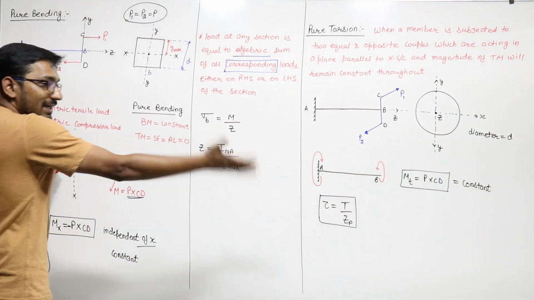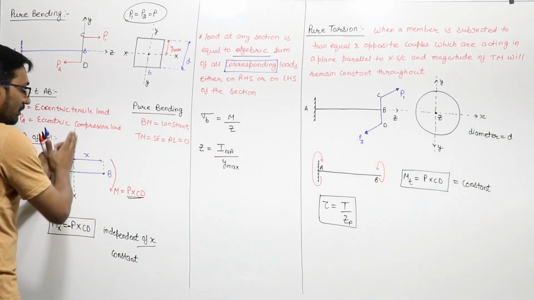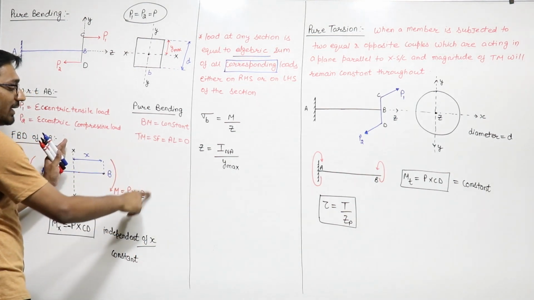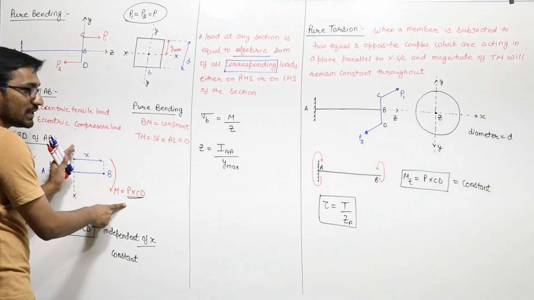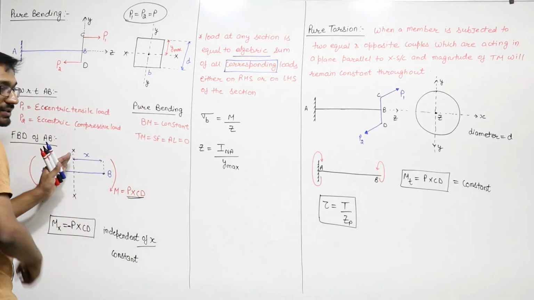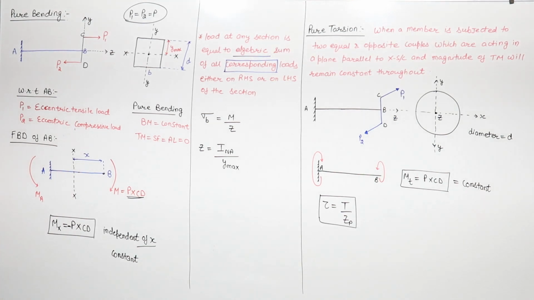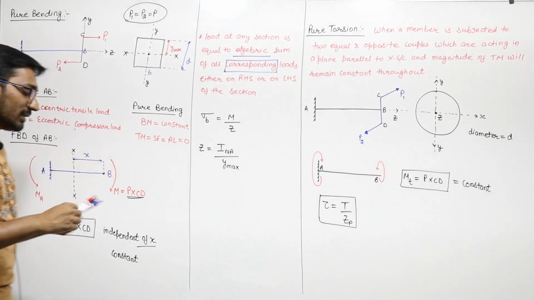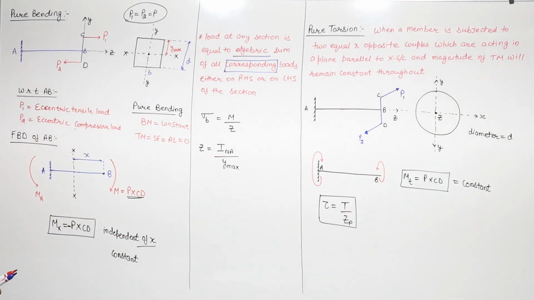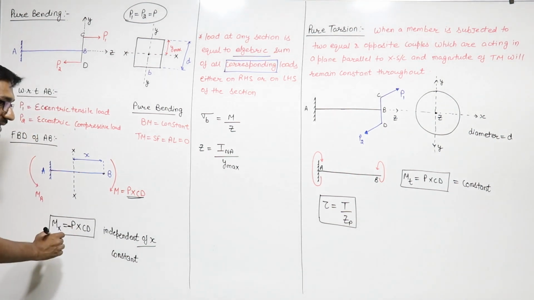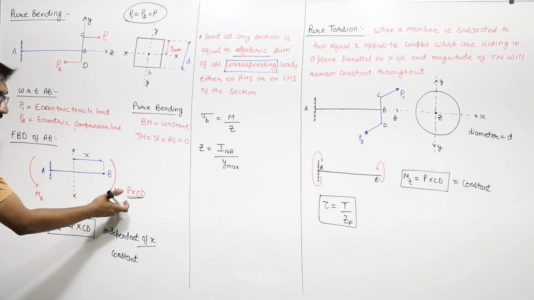If I take the right hand side, there is only one bending moment, that is P into CD, and that bending moment is in clockwise direction. As per our sign convention, the bending moment on the right hand side, if it is clockwise, then we take minus, it is negative. So the bending moment at section XX is minus P into CD, right?